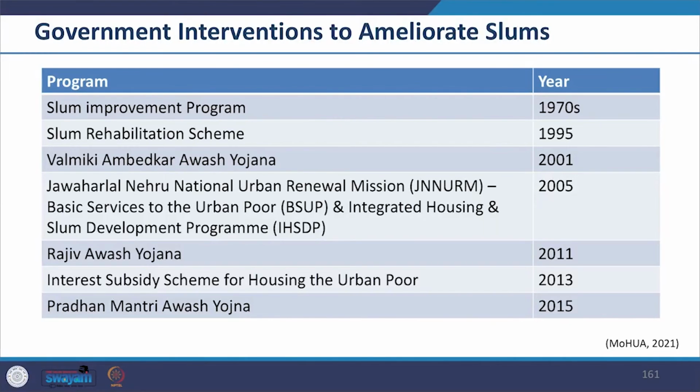Major programs started by the Government of India towards inclusive city development with a focus on slums, including provision of basic services and affordable housing to the urban poor, include the Slum Improvement Program in 1970, then the Slum Rehabilitation Scheme, Valmiki Ambedkar Awas Yojana, JNNURM, then Basic Services to Urban Poor, Integrated Housing and Slum Development Program. Further, we see Rajiv Awas Yojana, then Interest Subsidy Scheme for Housing the Urban Poor. Now we have Pradhan Mantri Awas Yojana.